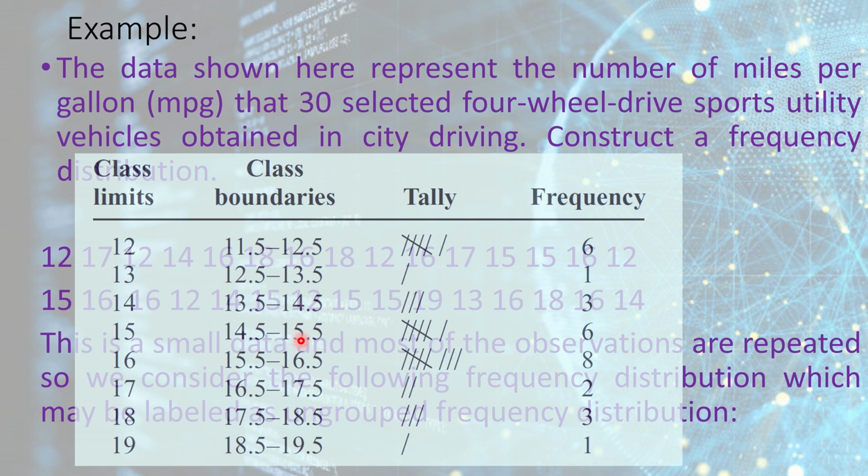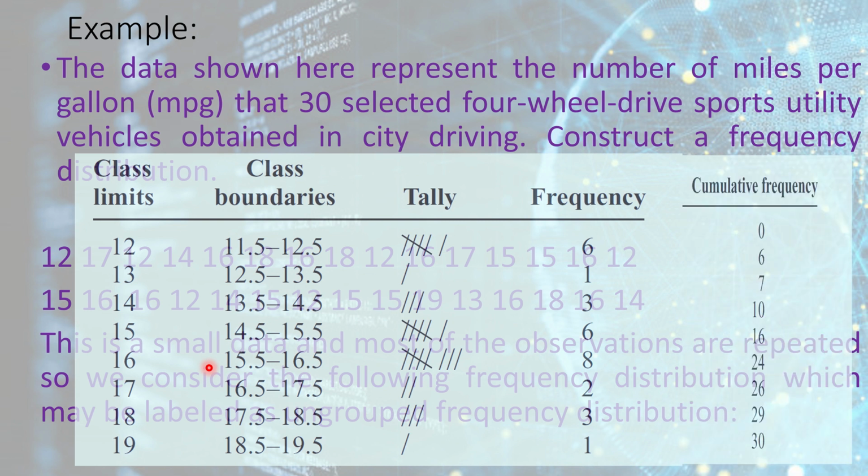If the data has repetition, whether it's a reasonably large data set, or a very big data set with many observations and repetition, you can still use a group frequency distribution as well. And in this case, if you want to produce cumulative frequencies, the first part for less than 11.5 would be 0, the next will be 6, then 7, 10, and so on. The last class should have a cumulative frequency that is the total frequency as well.